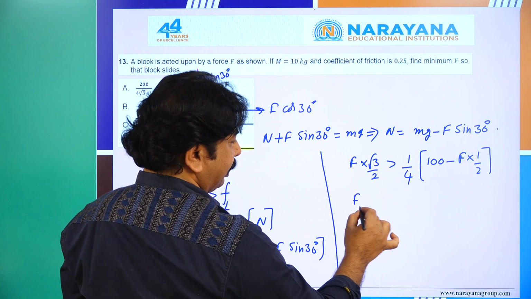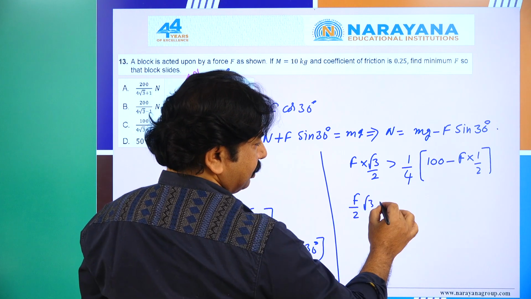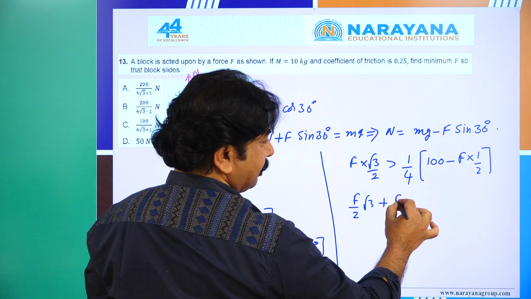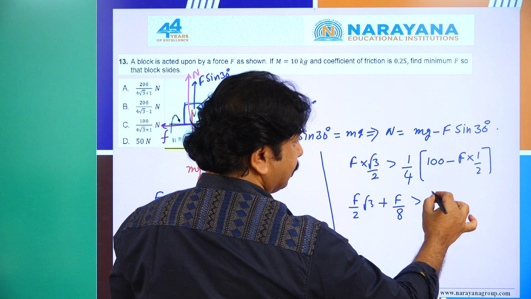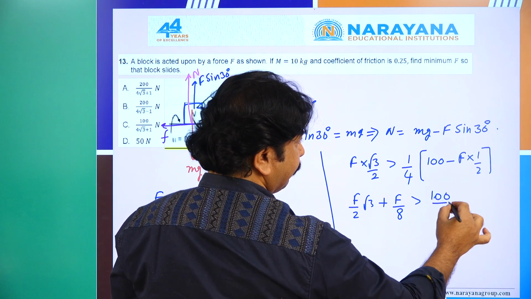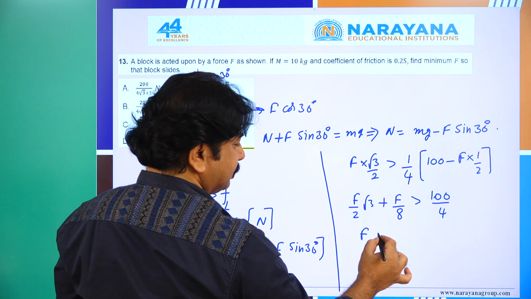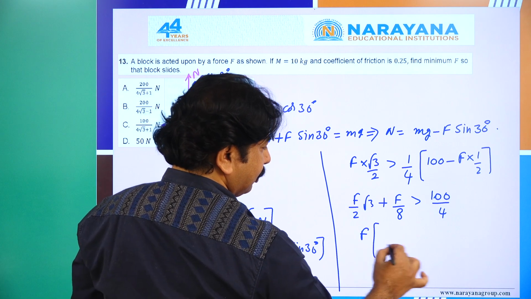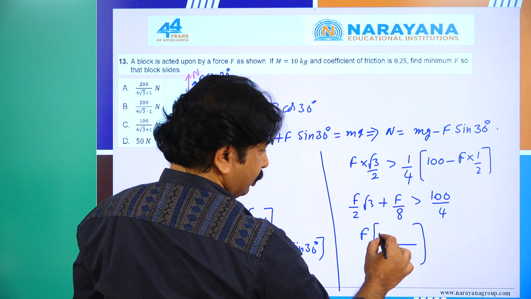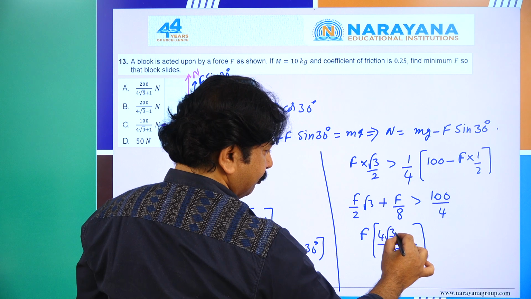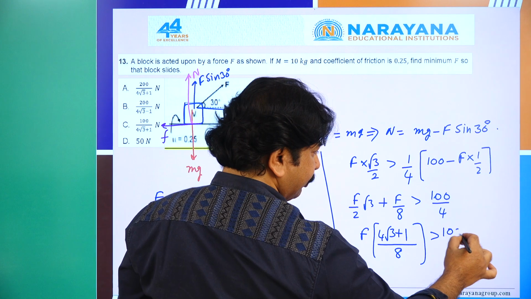So F by 2 of root 3, taking this side, plus F by 8 should be greater than 100 by 4. We know, so F into total 4 root 3 plus 1 by 8 should be greater than 100 by 4.